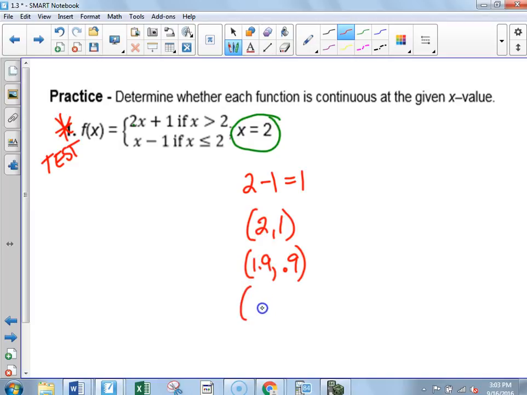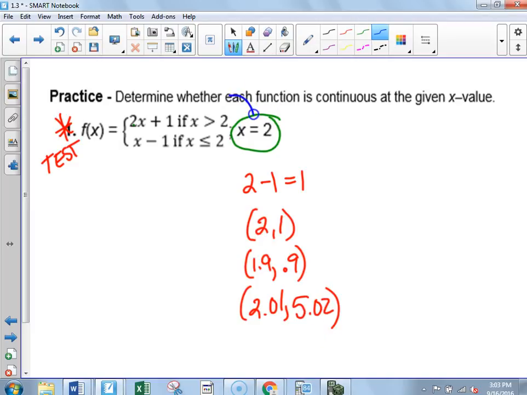What else do I need to test? Just above 2, like 2.01 or something? Which rule would I put that in? The first one. So I multiply it by 2, I'd get 4.02. Add 1, I get 5.02. Are they meeting up? Doesn't seem like it.